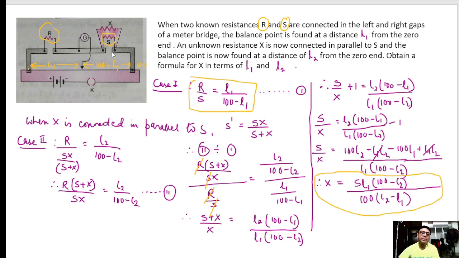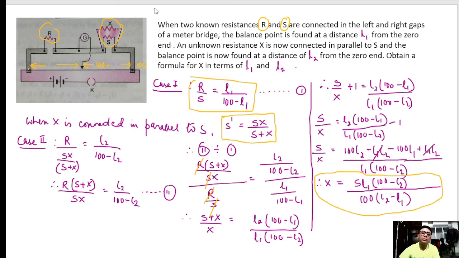Next, now they are telling that we have connected another X in parallel. So what is the net resistance here? Net resistance here will be Sx by S plus X. How are we getting this?